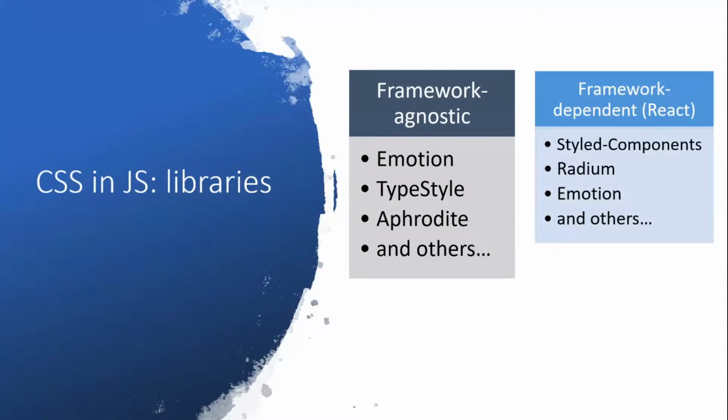When we talk about framework agnostic, we have Emotion, TypeStyle, Aphrodite, and some others. And for framework dependent, we also have Emotion because, for example, this library can be used in two modes at the same time. So yeah, these are, I would say, the most popular libraries.